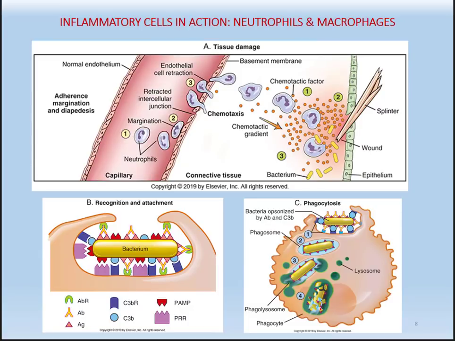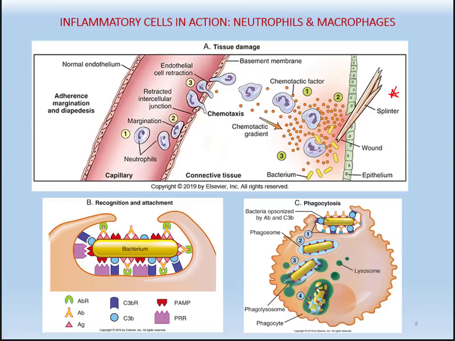This slide shows a little bit more about what we have just spoken about. So let's look at an example of a splinter, which you've probably all experienced at some point. So if you have a splinter within your skin, macrophages are activated in that area. So again, those resident macrophages are activated and they'll begin to phagocytose any bacteria or, let's say, pathogens that are present in that area or that have entered via the splinter.